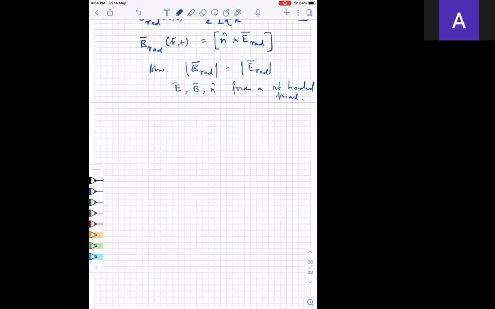So an accelerated charge induces potentials and other things that are different than a non-accelerated or a static charge. So why is that?